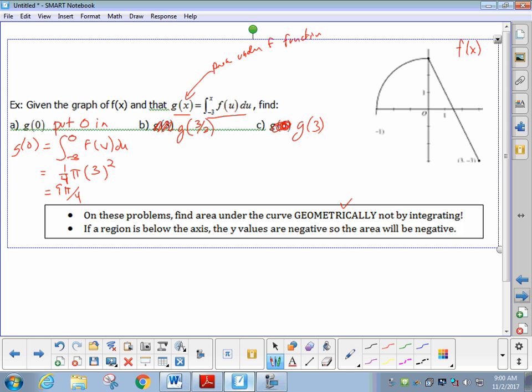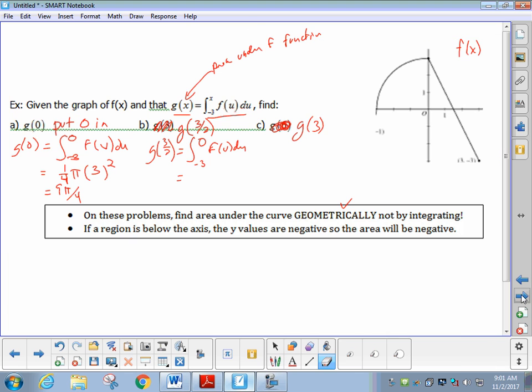That's the area accumulated from -3 up to, not to 0, sorry. From -3 up to where? 3 halves. Okay. So I need to calculate the total area accumulated under the function.